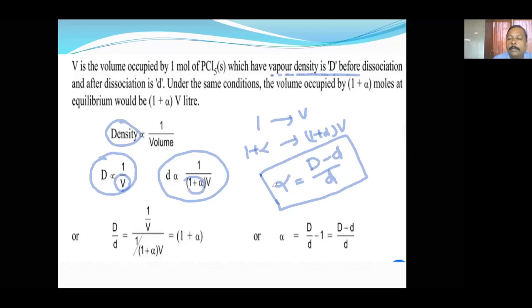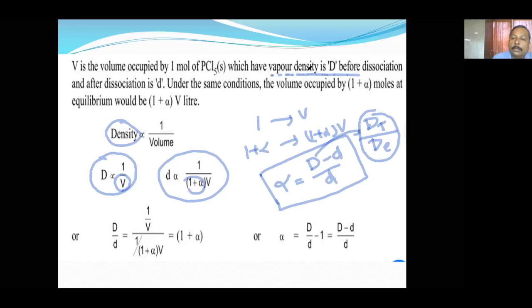Why am I specifying this? Sometimes in some books, if you refer to them by mistake, they will write DT, theoretical. Theoretical means initial. And DE, where E means experimental or at equilibrium. So if you study from other books, you should not be confused by the terminology. The formula I've given is the same, but the terminology will be different.